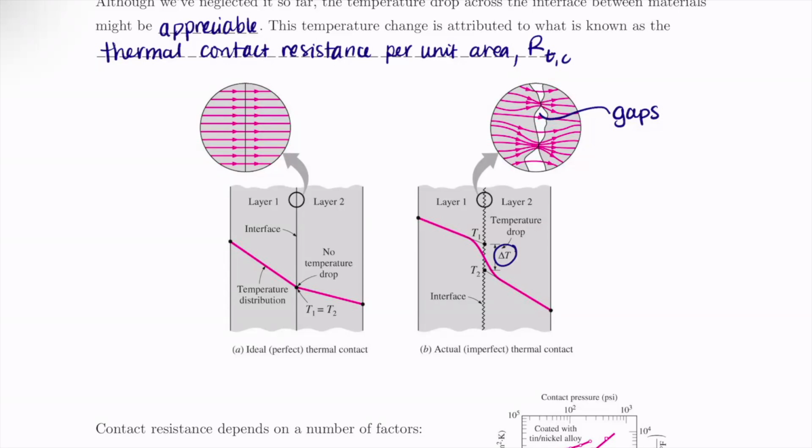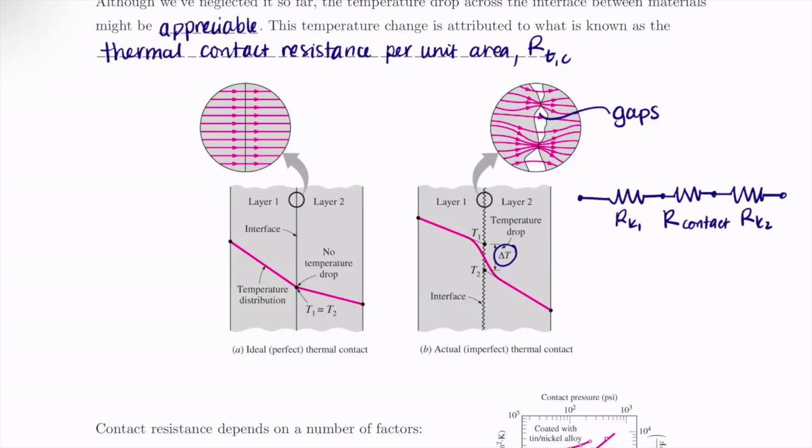Okay, so we would then write this in our equivalent thermal circuit as the following. So we're going to end up with another little thermal resistance that takes into account the interface. So we would have RK1 and RK2, our two conduction resistances for each of those layers. And then we're also going to have our contact resistance.